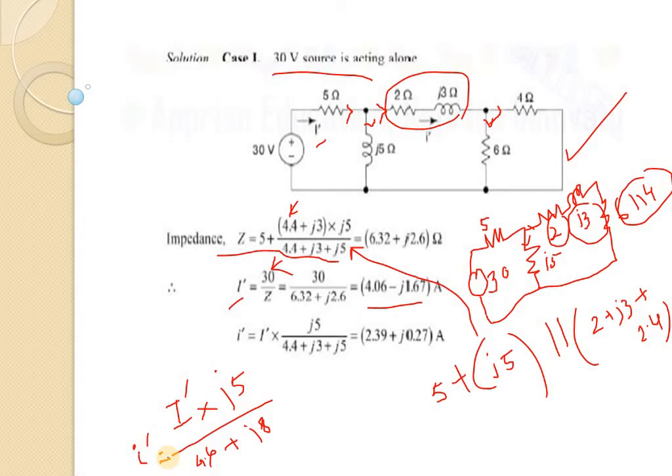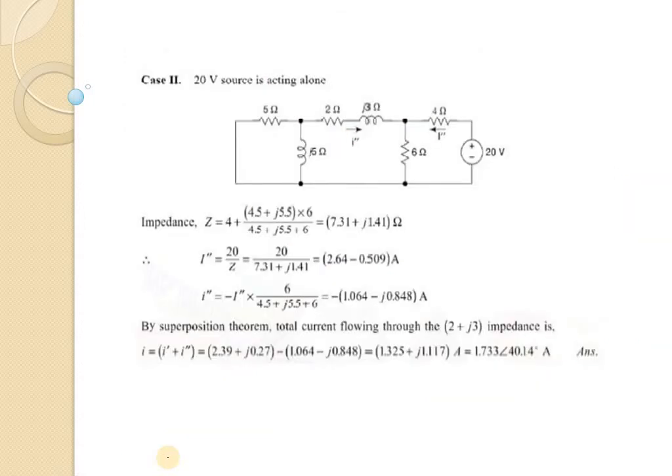In a similar way, now I will deactivate the 30 volt source and the 20 volt source will be acting, and again in a similar way we will calculate the current through 2 plus j3 ohm, and then we will get the total result. So similarly, now the 20 volt source is acting alone, and the 30 volt source has been deactivated.